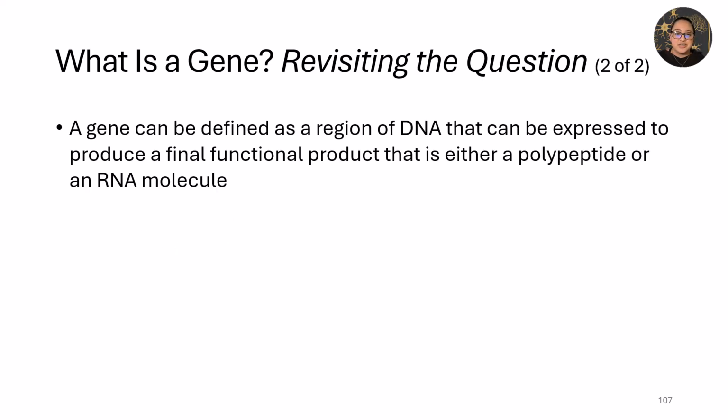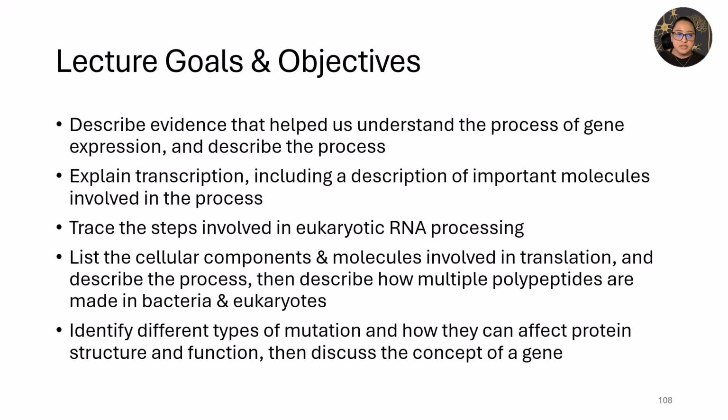And so now to give a final version, a gene can be defined as a region of DNA that can be expressed to produce a final functional product that is either a polypeptide or an RNA molecule, because sometimes it could be an RNA molecule that you're trying to make, actually. So yeah, we've come to learn a lot, and the field continues to grow. There are still things that we don't know and are still figuring out.